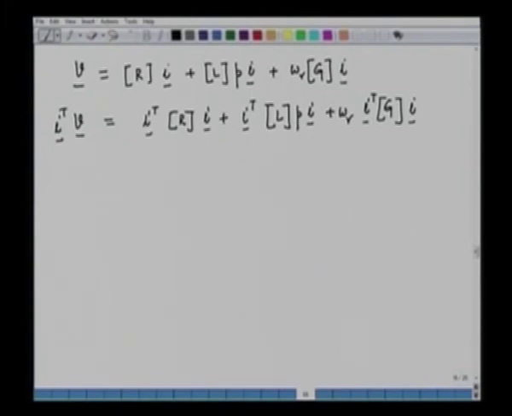The left hand side of this equation is I transpose into V. Now I transpose into V is the power input to the system, the electrical power input to the system.